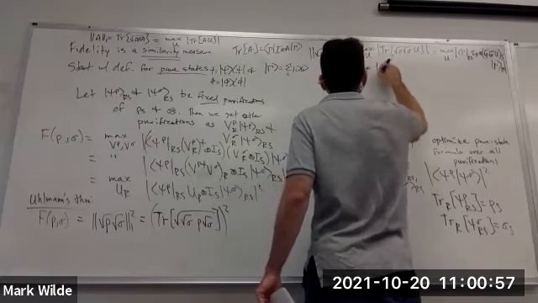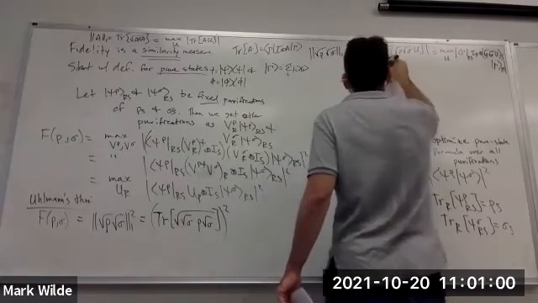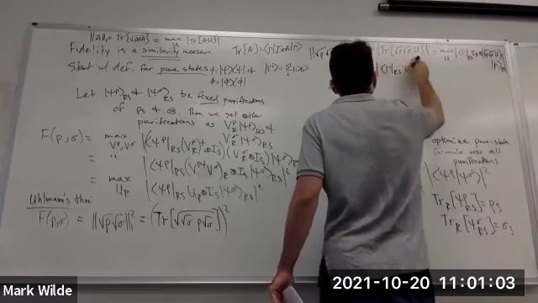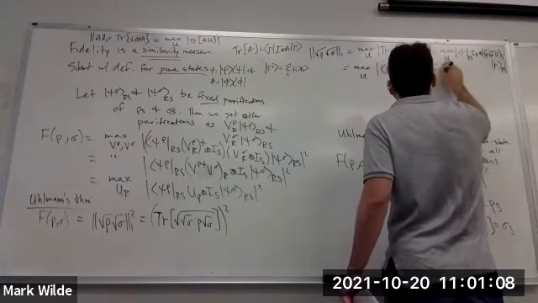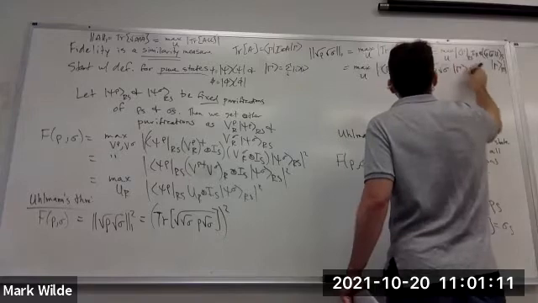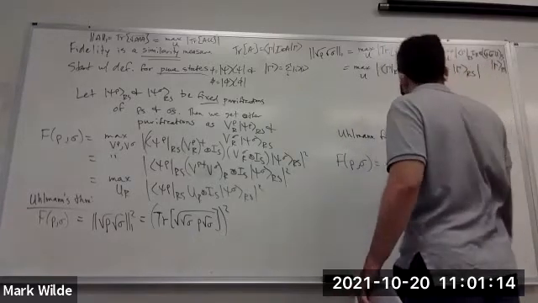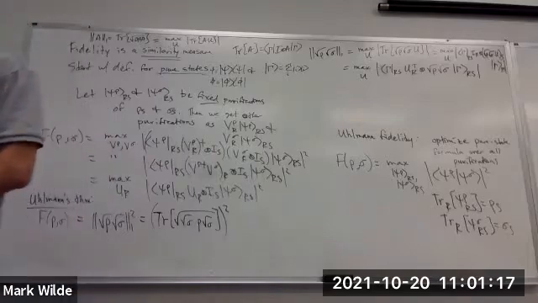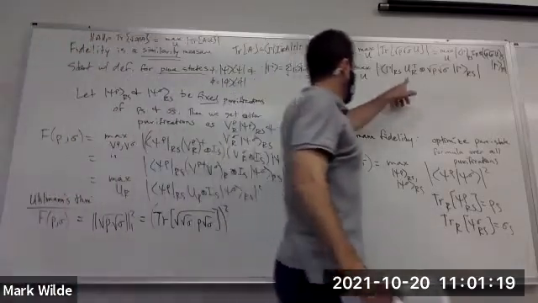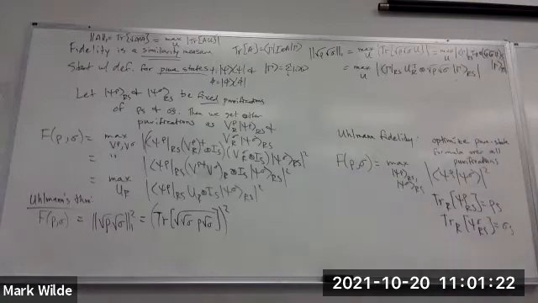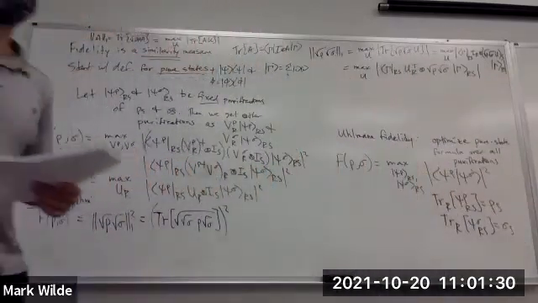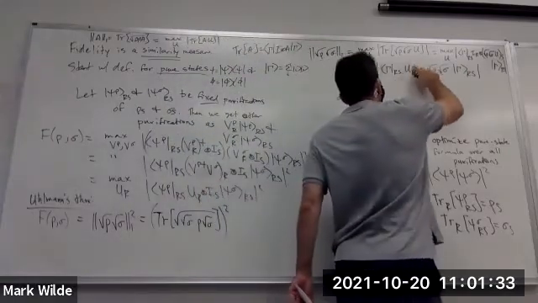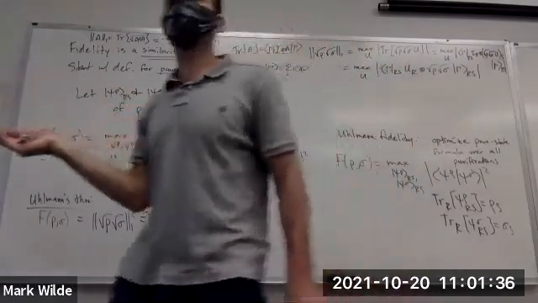Max over U. And now in this formula, if we do a transpose of U, we're optimizing over all U. So we're going to reach all unitaries if we put a transpose or not. So the argument is that we can get rid of this since we're optimizing over all possible U.